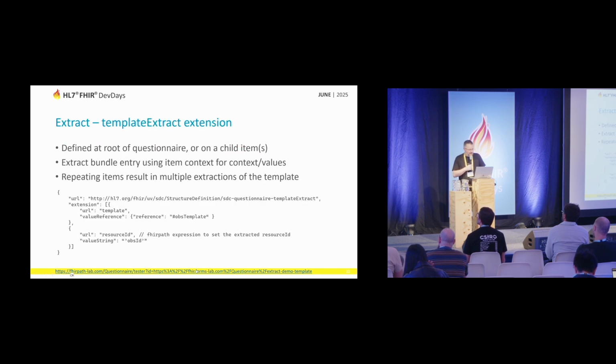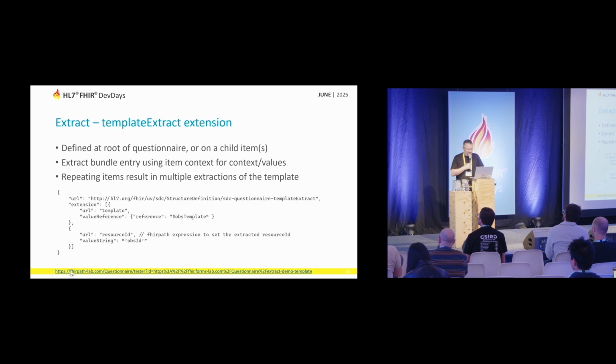So I'll actually step through these. These are probably easier to see than inside the other, but we will jump in and actually look at it anyway. So the template extract, if you put it at the root, it will always create one. So if you know you're always going to create something, just put it at the top and it will create it. In this case, it's saying template extract, this reference to the contained observation template.